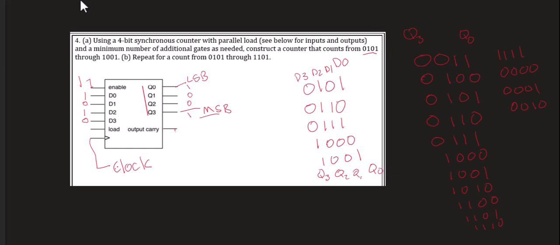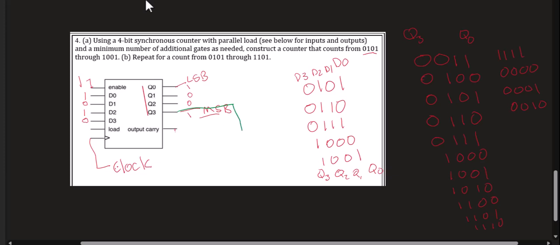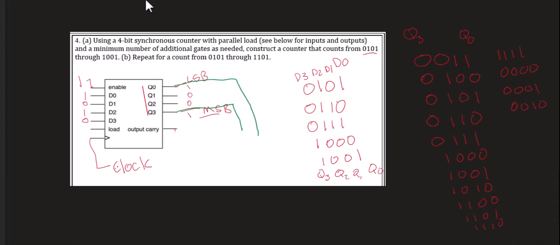What I can do to make that happen is AND together those gates and then make that the input to the load.